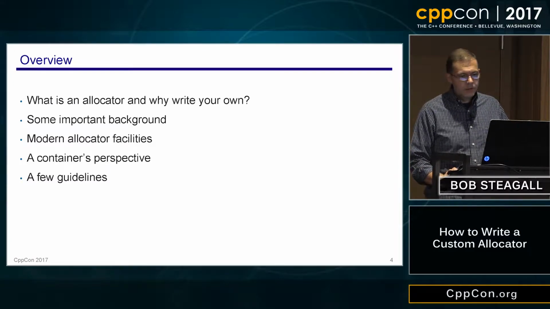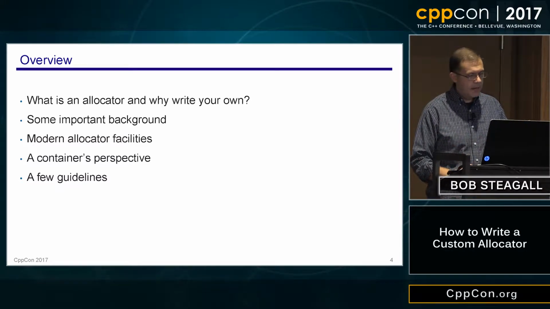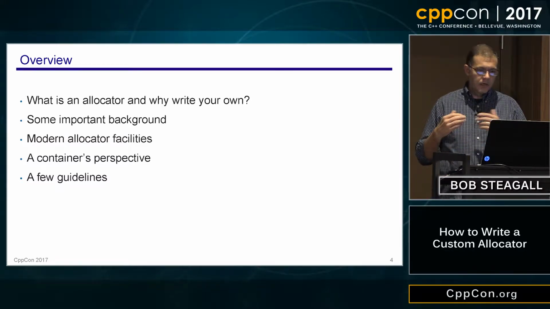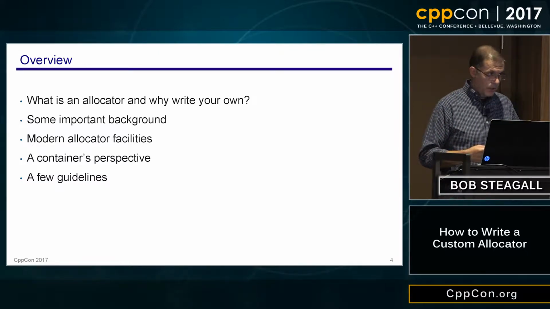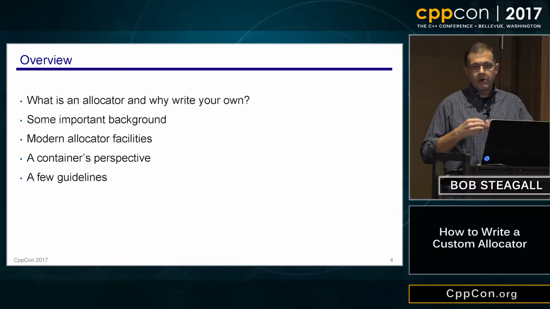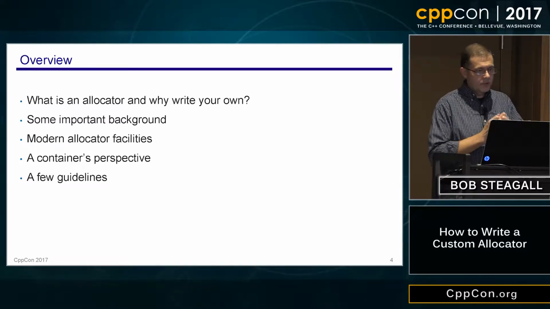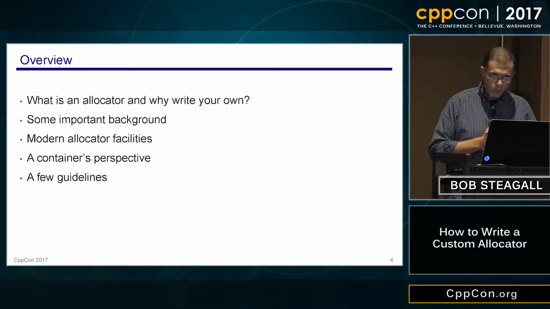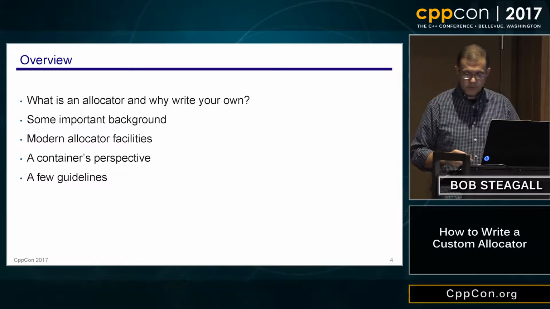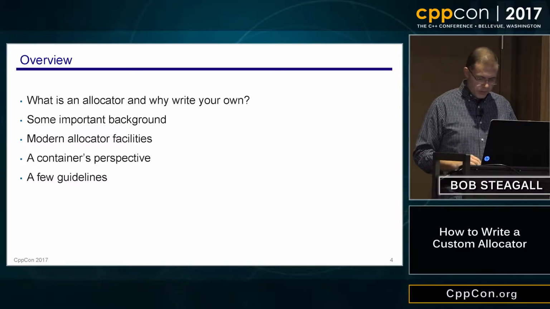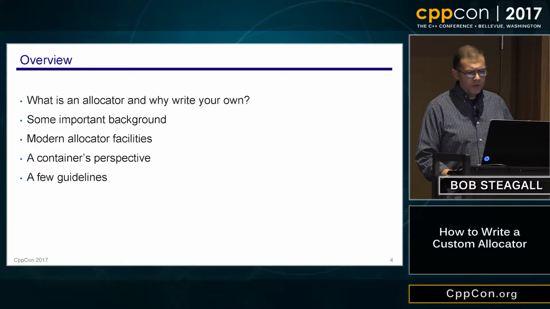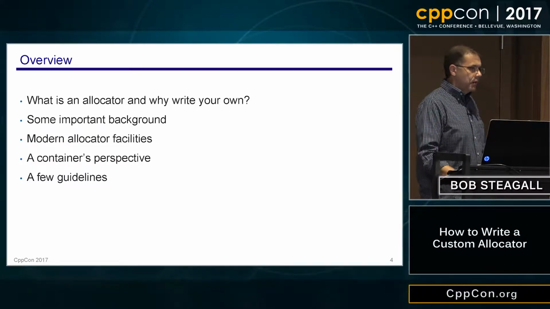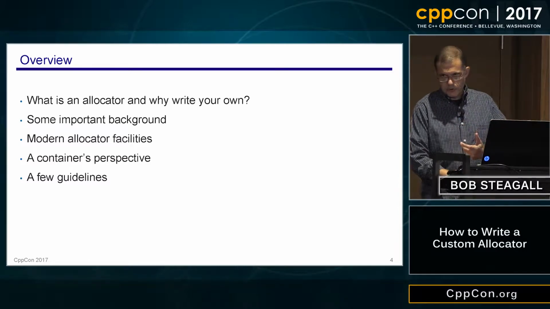I think in order to understand the principles on the last couple of slides about how to write an allocator, it's necessary to understand a little bit of how the allocator facilities themselves work. And I say facilities because there's no longer simply an allocator class. There is a whole set of classes that work together to provide allocation services to the new standard containers and other things. I'll spend a few slides talking about the modern allocators from a containers perspective.